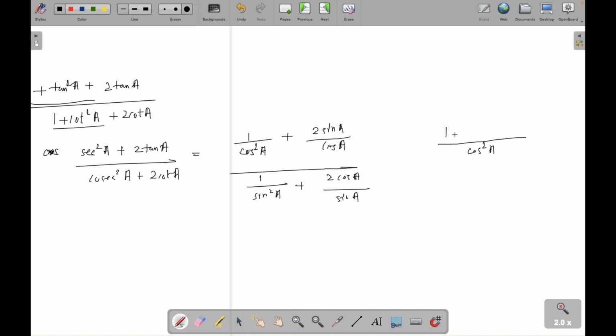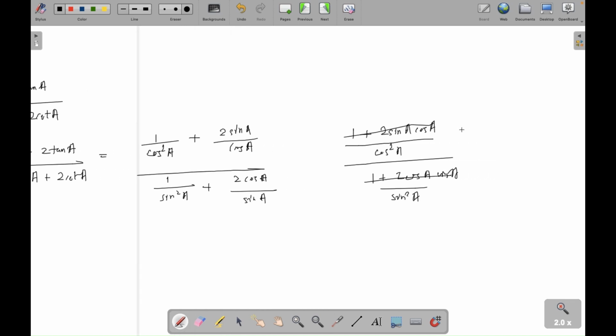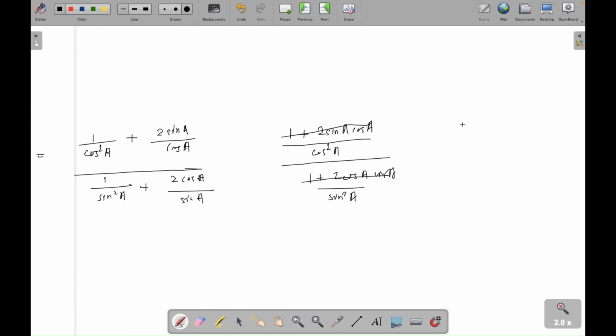And then here we'll get 1 plus 2 sin A cos A. And here the LCM will be sin square A. And again we'll get 1 plus 2 cos A sin A. So these two are the same thing, so they get cancelled, right?